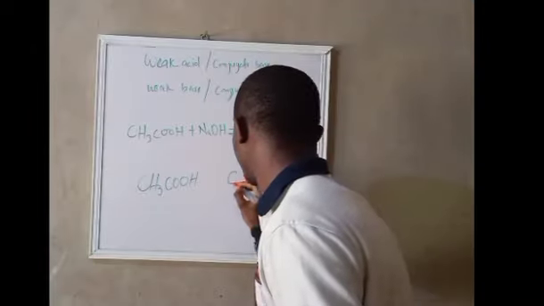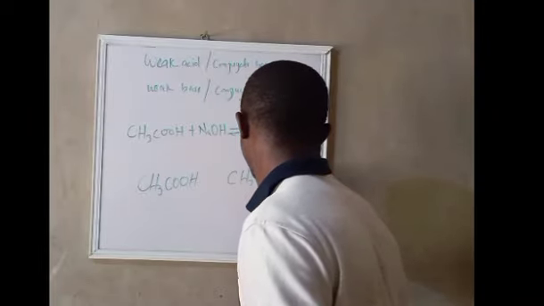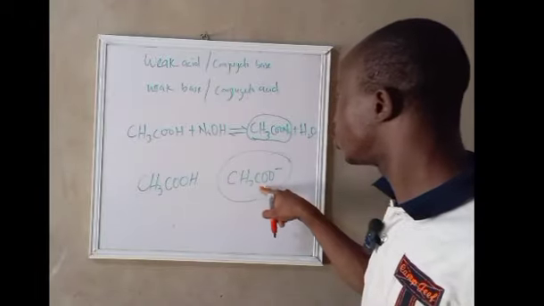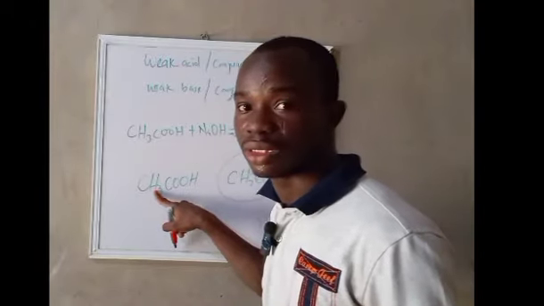At the same time, you also have some CH3COO minus. This is a what? This is the conjugate base of this weak acid.